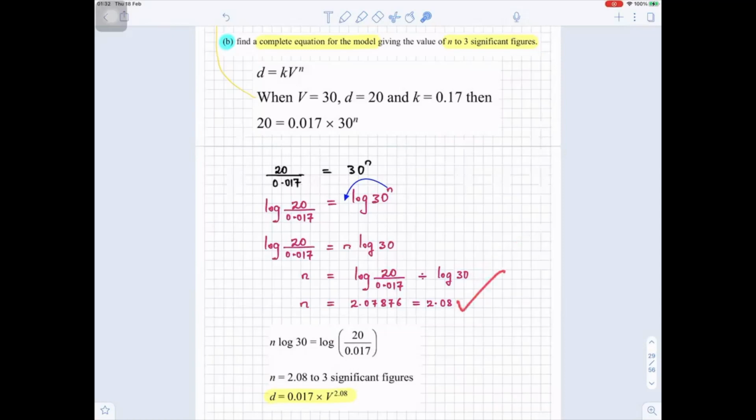And that gives you n to be 2.08. So you can write it as d equals 0.017 v with n being 2.08. So that's the complete equation for the model. You got your d, your k, your v, and then your n, 2.08.